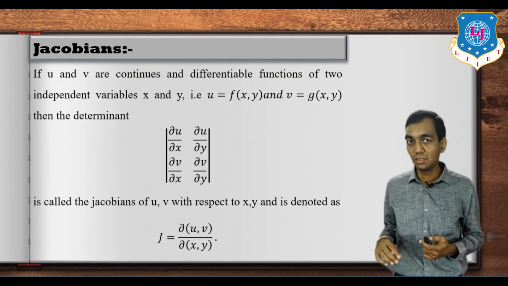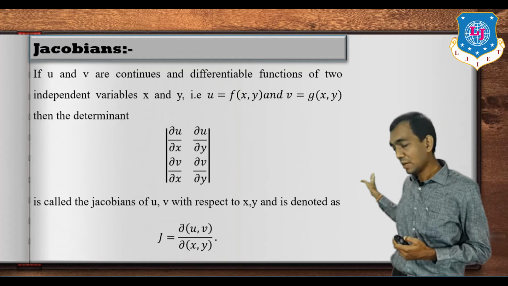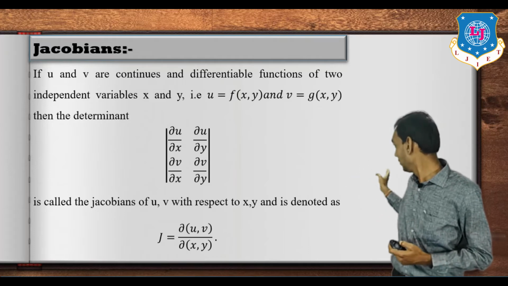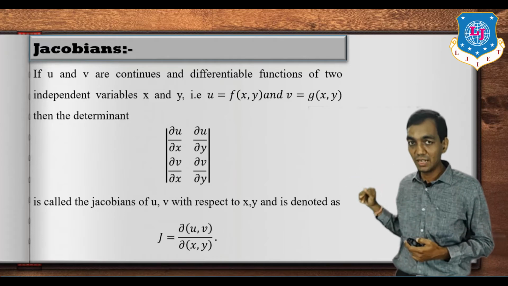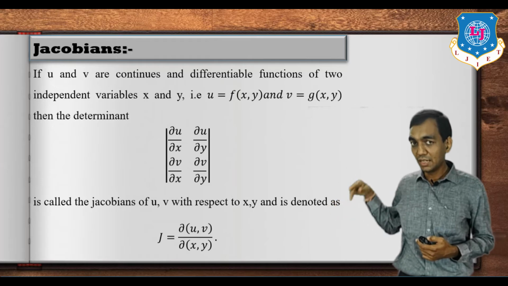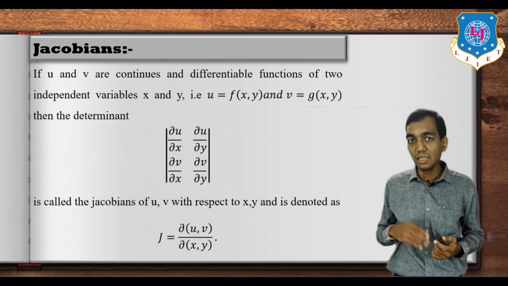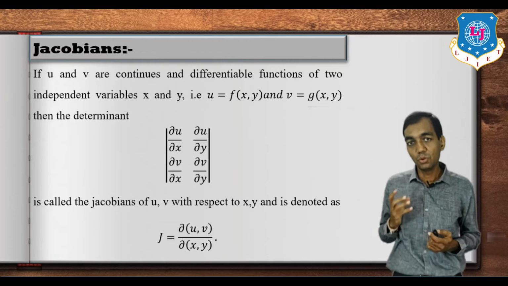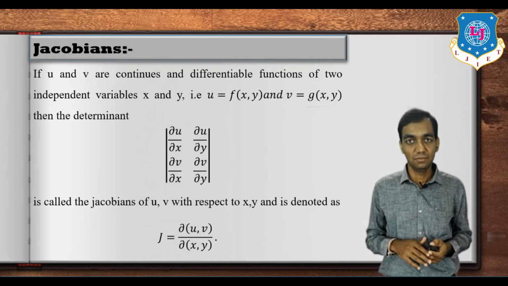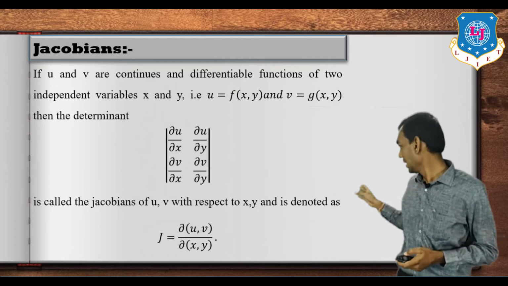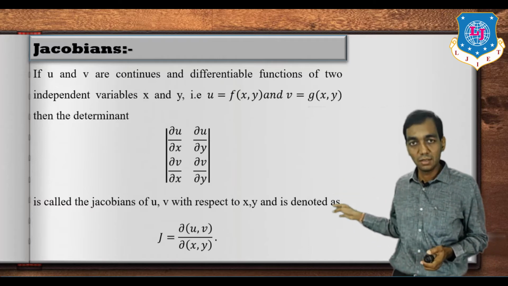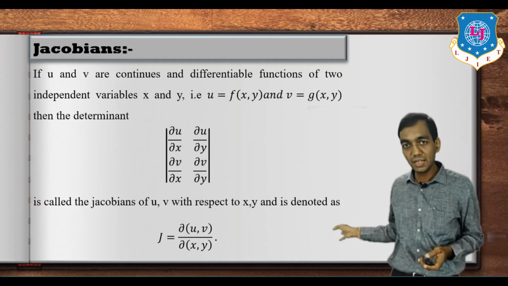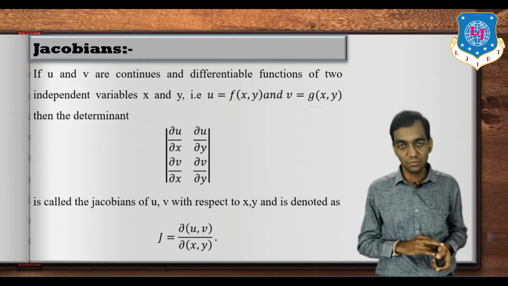Then the determinant del u by del x, del u by del y, del v by del x, del v by del y, where you can write it row wise or column wise, is called a Jacobian. This determinant is called the Jacobian of u, v with respect to x and y, and it is denoted by capital J or del(u, v) divided by del(x, y).